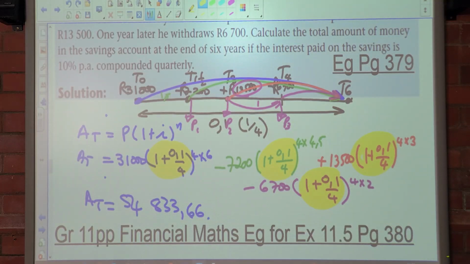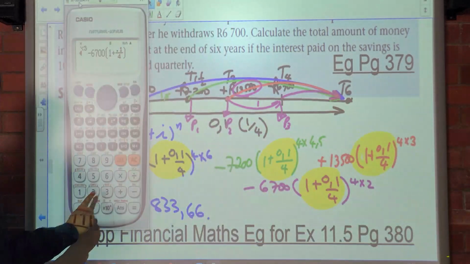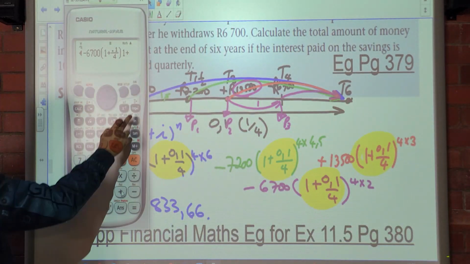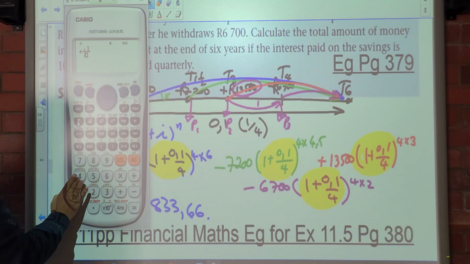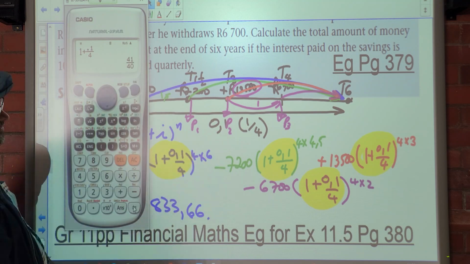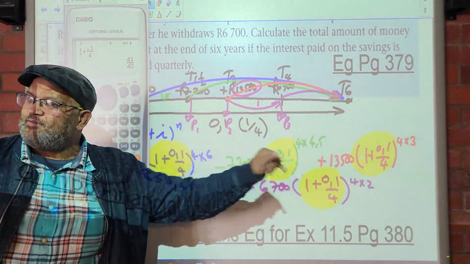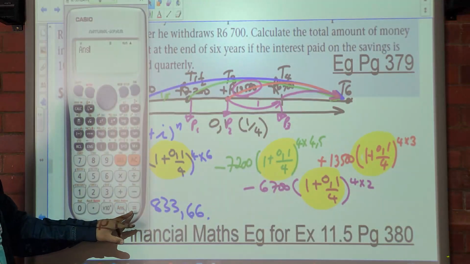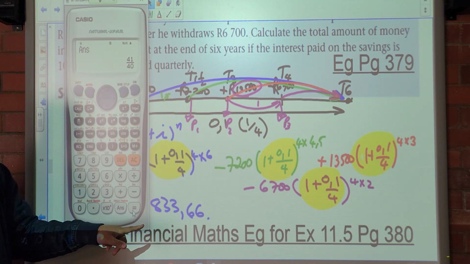You see that, people? So a shortcut would be, I put in the calculator 1 plus 0.1 over 4, which is actually 41 over 40. But if I press my answer button, what do you notice? 41 over 40. Can you see that, people?